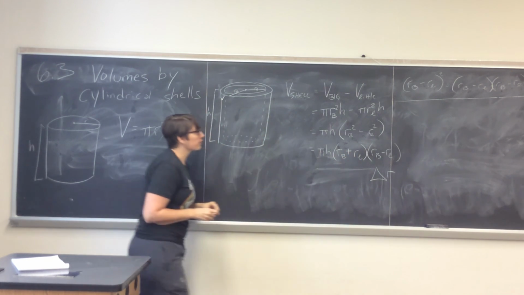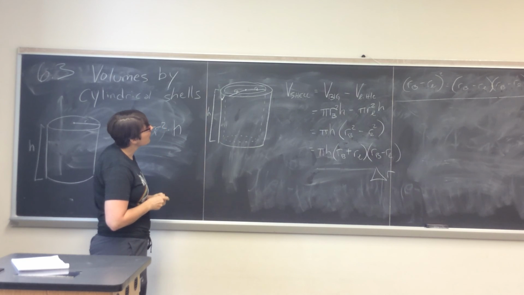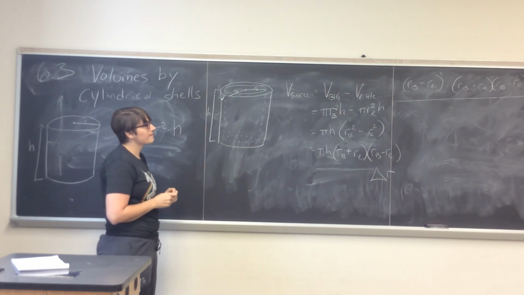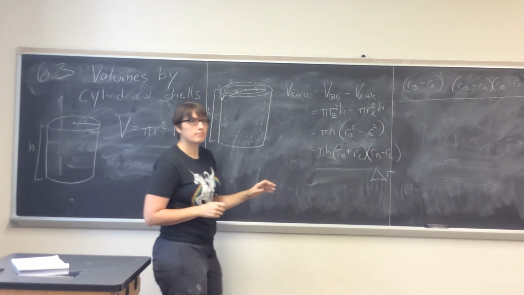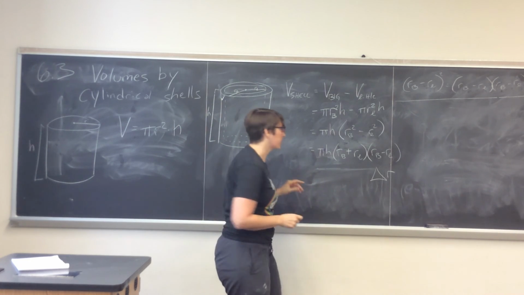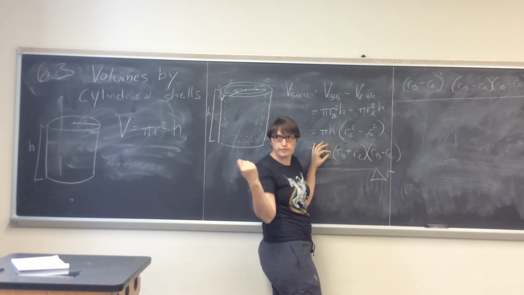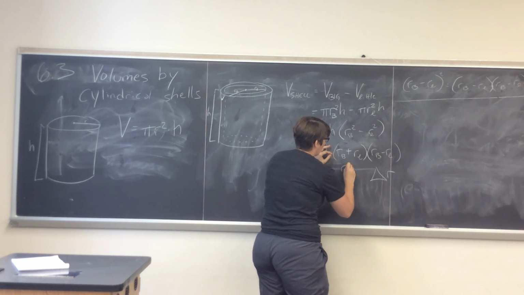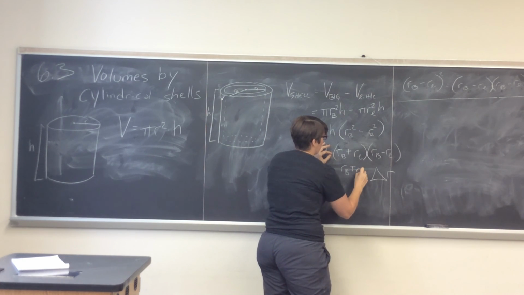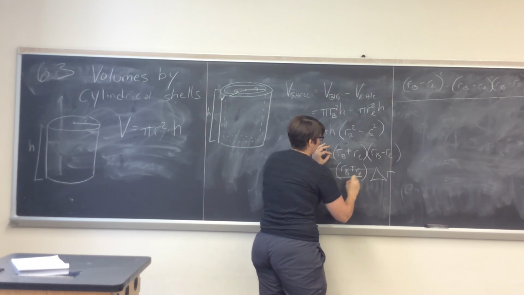But before we do that, for our purposes, what we're going to do to make our formula nice is we want to look at the average of the big radius and the little radius. So that there's two things that we're adding up. We want the average, we divide by 2. So RB plus RL over 2.